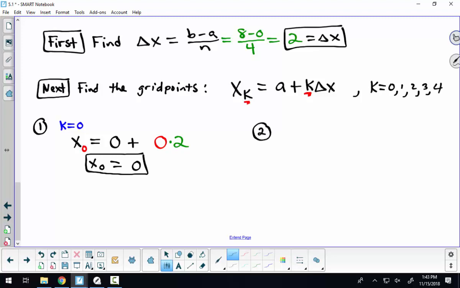Our second grid point comes from a k value of 1. So we have x sub 1 is equal to a, which is 0, plus k times delta x. So that tells us our next grid point is 0 plus 1 times 2.